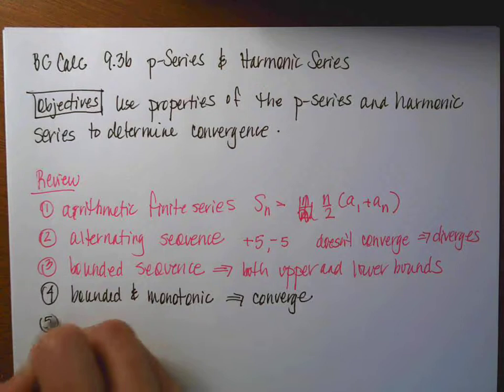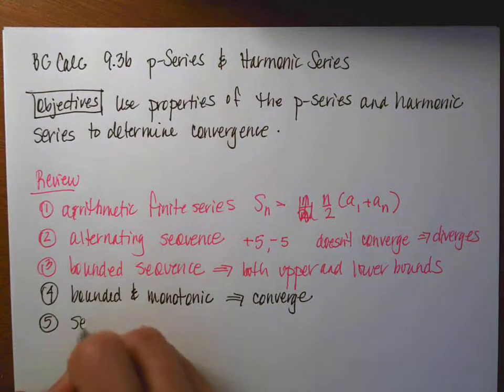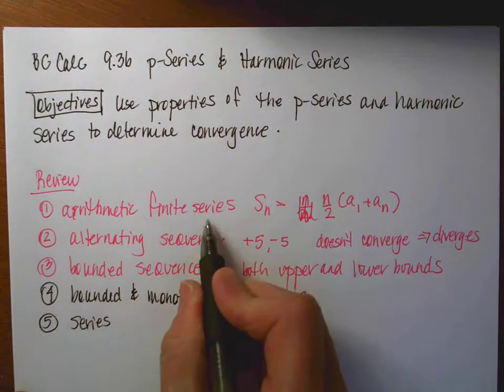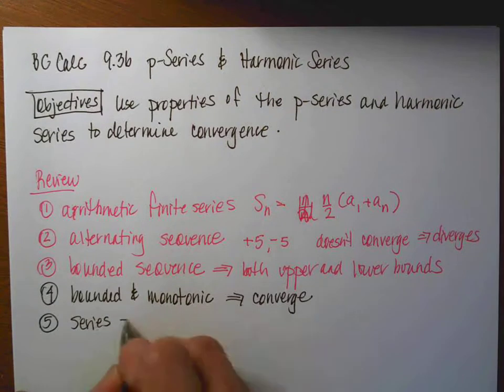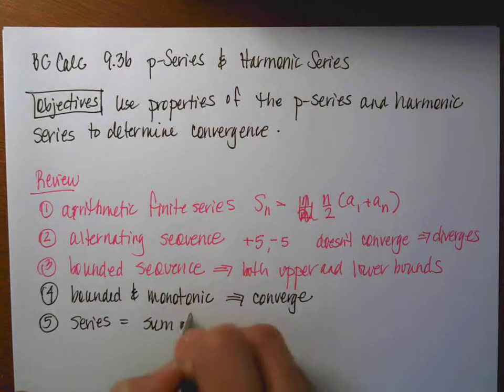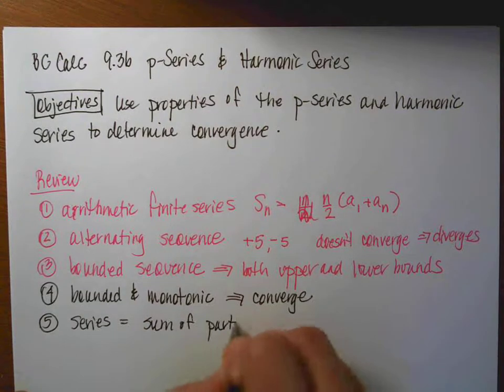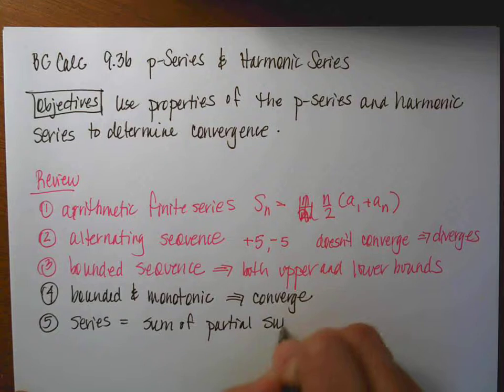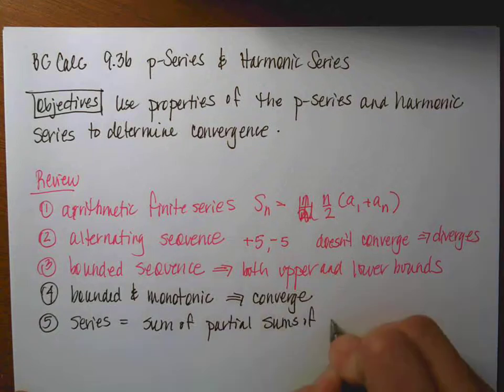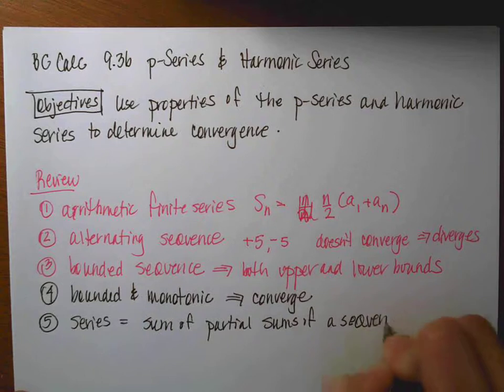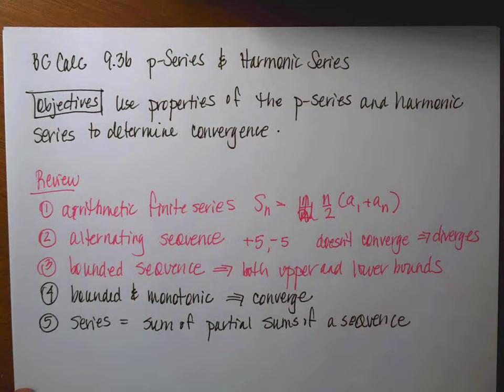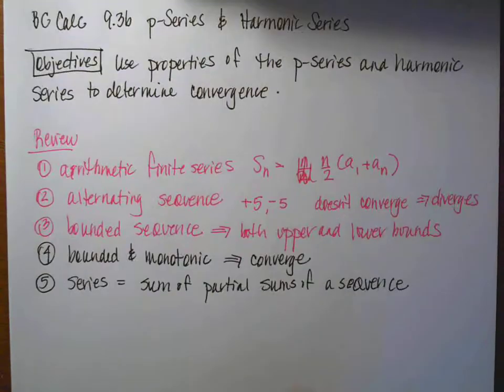The next topic is a series, which we've already talked about with an arithmetic finite series, but a series in general is a sum of partial sums of a sequence. You can start a series anywhere in a sequence. It doesn't necessarily have to start at the beginning.